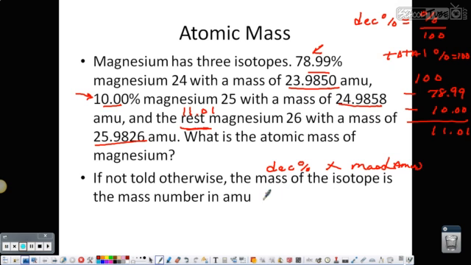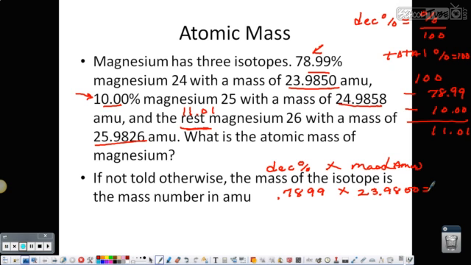If you write it up here, you won't have to write AMU after every number. So the decimal percent of 78.99 is 0.7899 times 23.9850 equals. Let's see if I can find it again without having to calculate it, but I can't. So it'll be 0.7899 times 23.985.